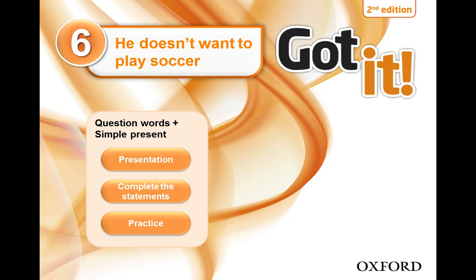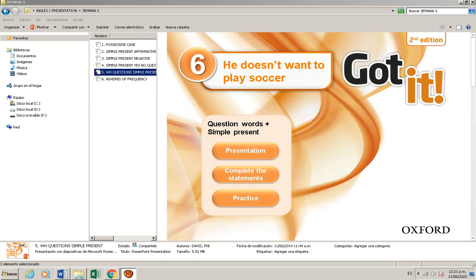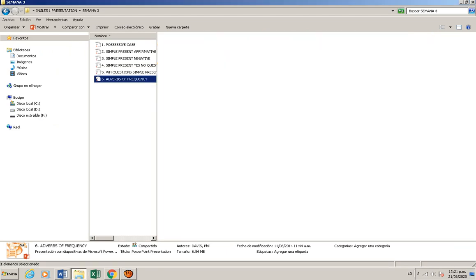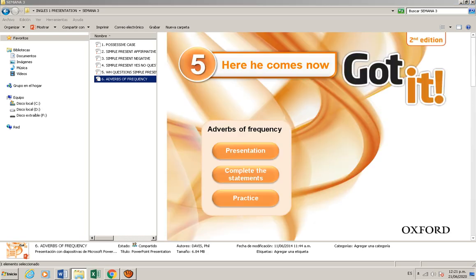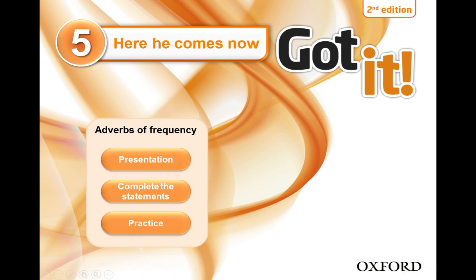Y finalmente vamos al último tema, que es, ya nos quedan aquí pocos minutos. Lo siento si me he extendido mucho, a veces la hora se pasa así volando. Ok, adverbs of frequency.